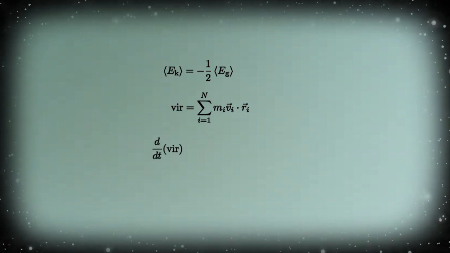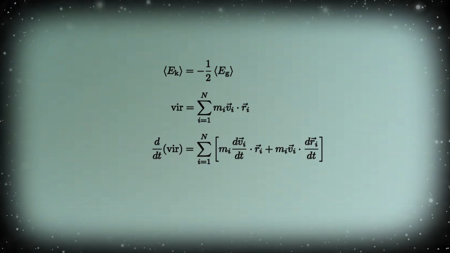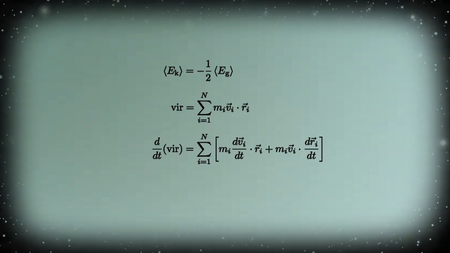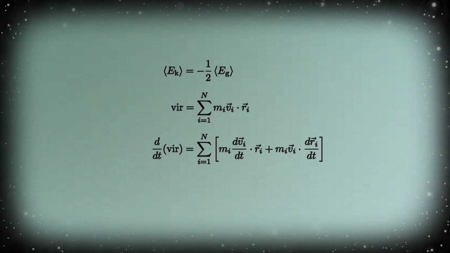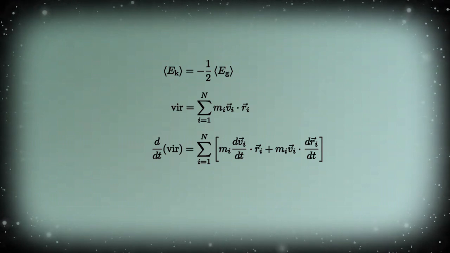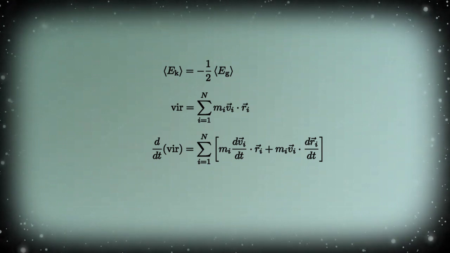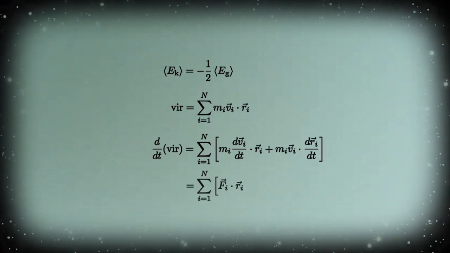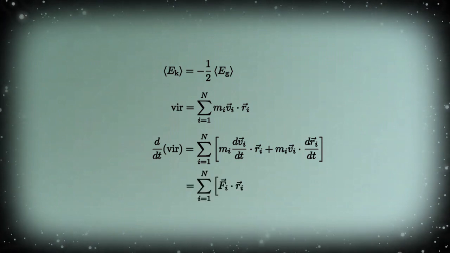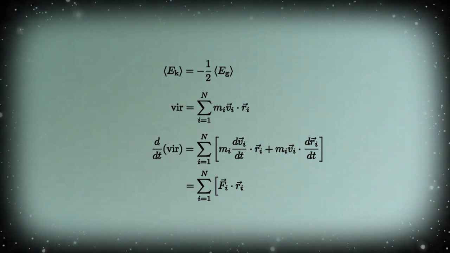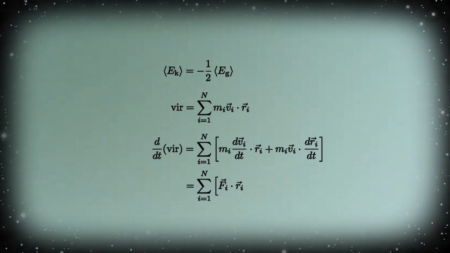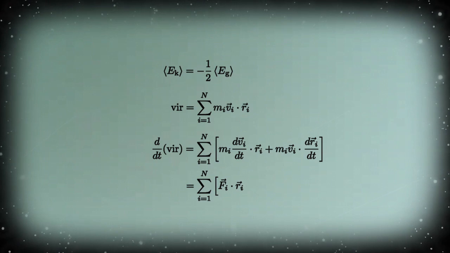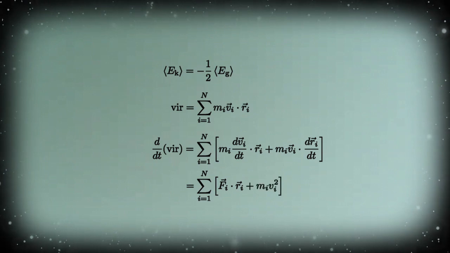Using the product rule, we get m dv/dt dot r plus mv dot dr/dt. In that first term, m dv/dt is mass times acceleration. That's force. So we can replace it by F dot r. And in the second term, dr/dt is velocity, so we can rewrite that term as m times velocity squared.